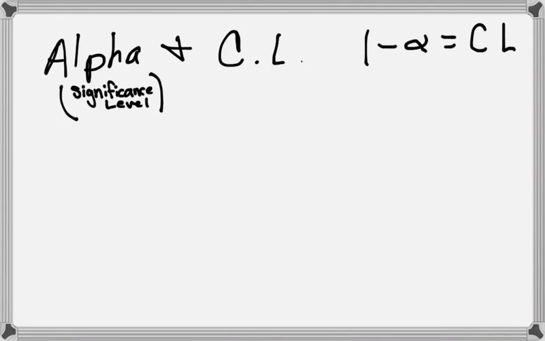Okay, alpha. The alpha level is a threshold. So think about this. We have a certain value. Let's say this is 5%, 10%, 1%.